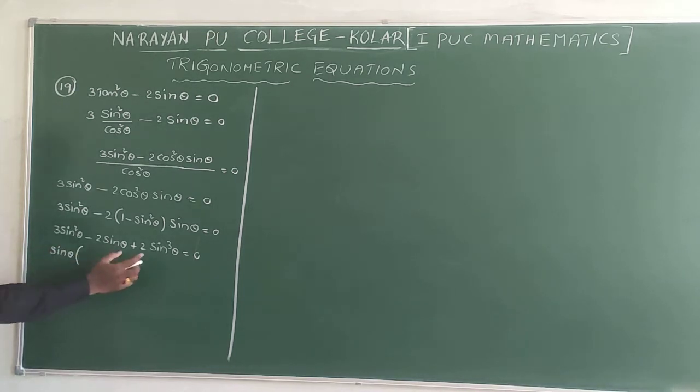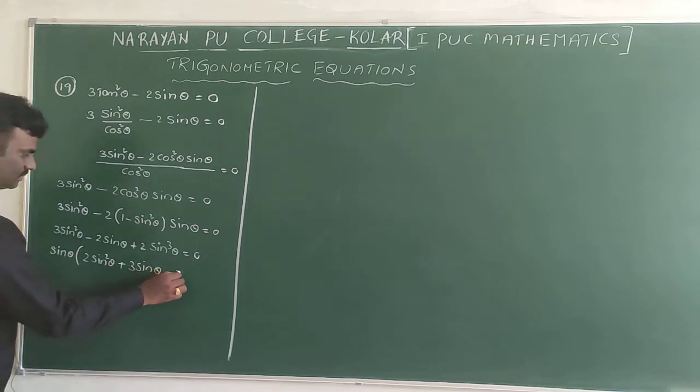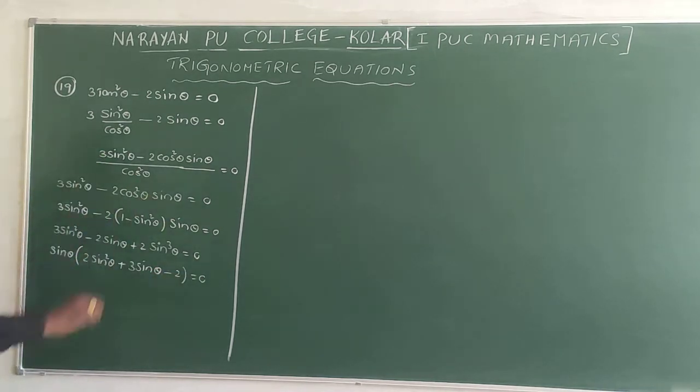If you take sin theta common, what do we get? 2 sin square theta plus 3 sin theta minus 2 is equal to 0. The product of two values is equal to 0, so either the first one is 0 or the second one is 0.